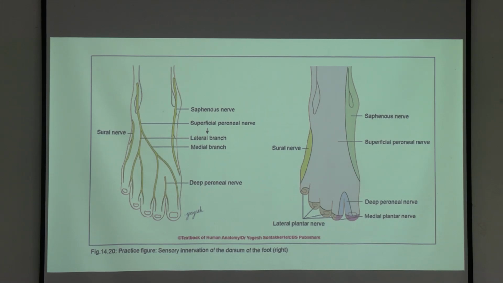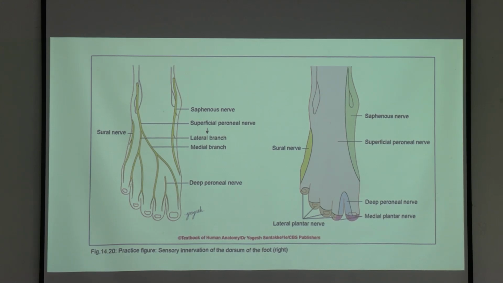The superficial peroneal nerve, this is the superficial peroneal nerve and this is the deep peroneal nerve. So lower part of the leg and most of the dorsum of the foot, it is supplied by the superficial, this pink color is showing the dermatome.